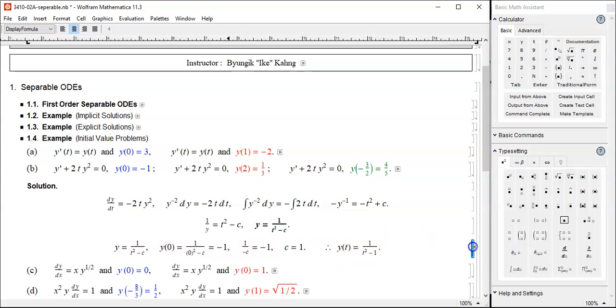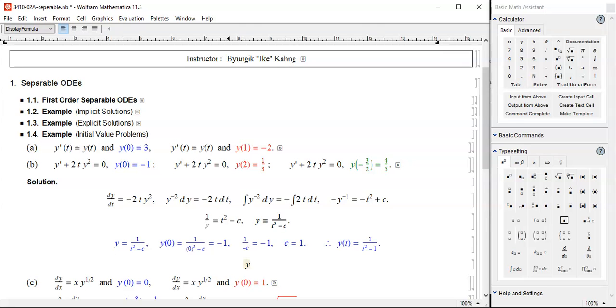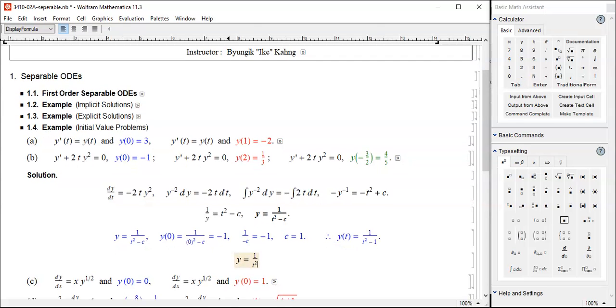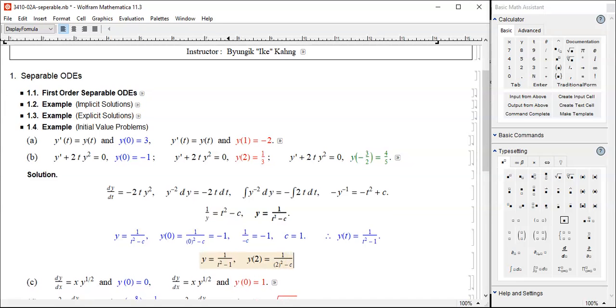Was everything done okay as far as this is concerned? How about the next initial condition here? Well, let's do something similar. y equals 1 over t squared minus c. Therefore, y of 2 is 1 over 2 squared minus c.